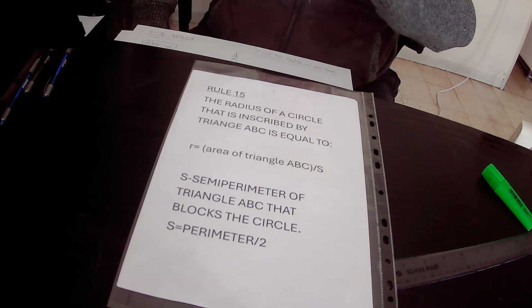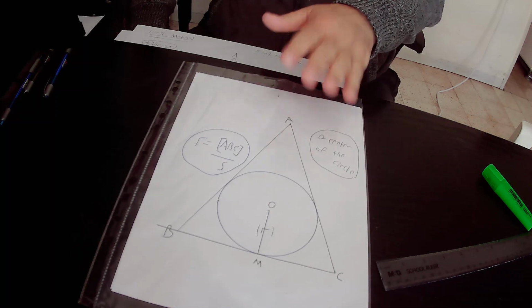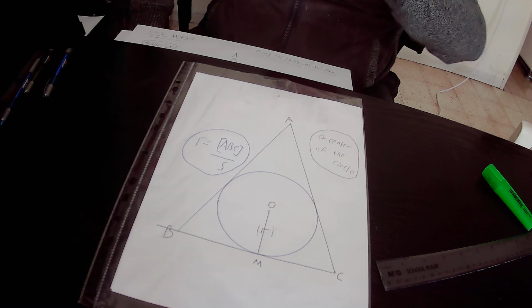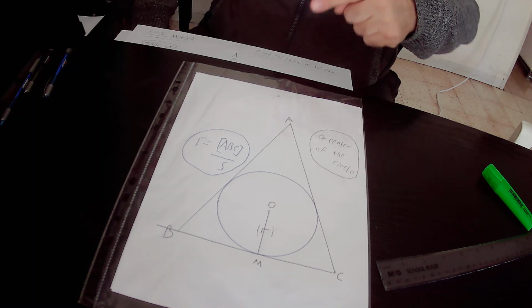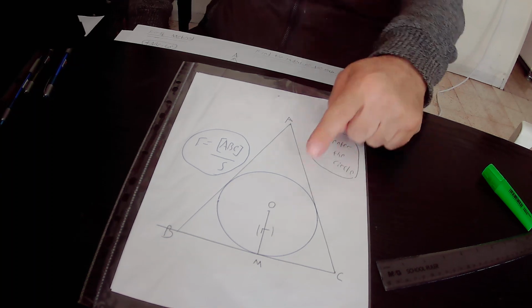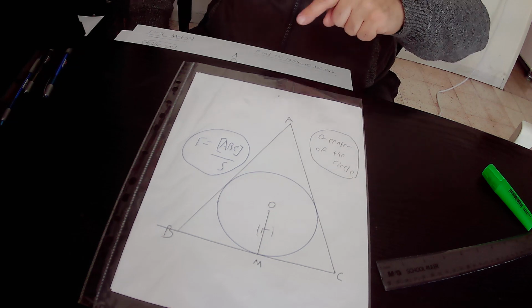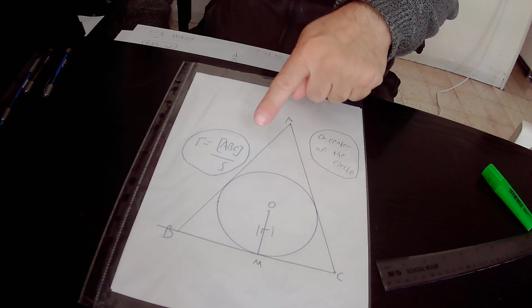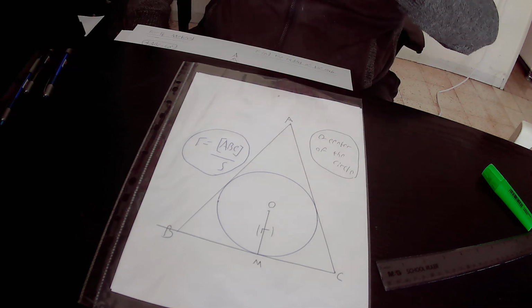The drawing of this rule, rule number 15, is here. We have a circle that is circumscribed about triangle ABC. So the radius R of this circle will be equal to the area of triangle ABC over the semi-perimeter S of the same triangle.